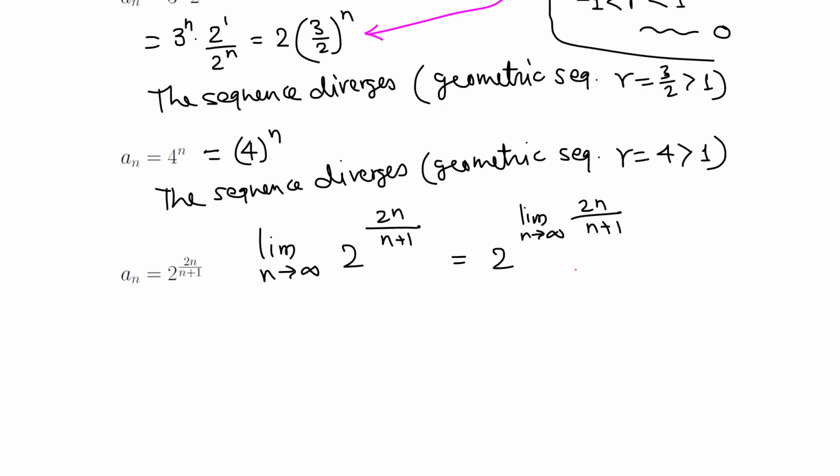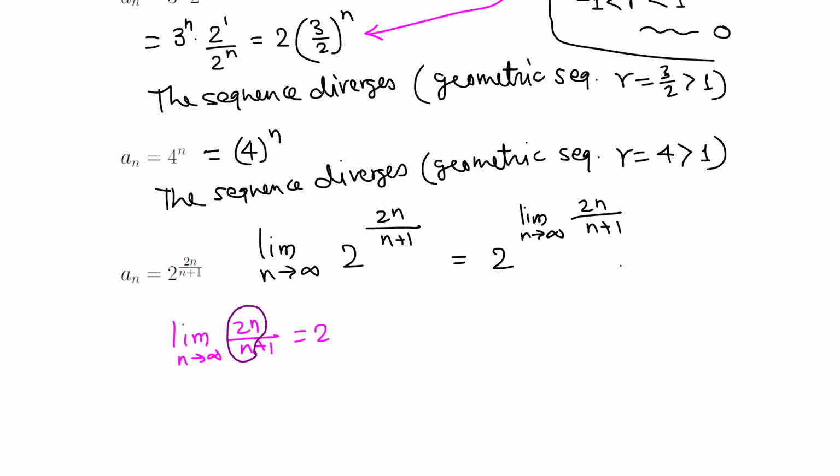Now let's find this limit on the top. You don't have to show this work, that's why I'm showing it in a different color. This limit depends on the leading terms, because n approaches infinity. Leading means n: 2n over n, so the n cancels, and this is simply 2.